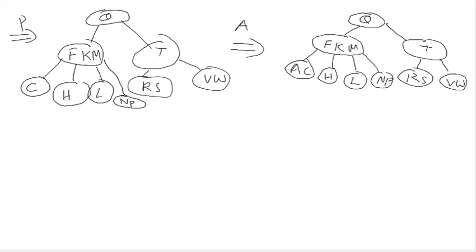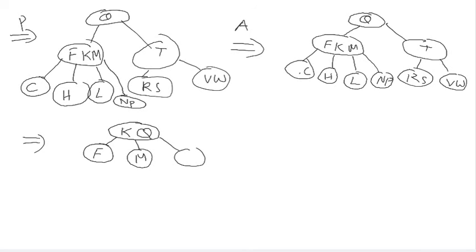So we have K, Q. To the left of K we have F, and to the right of K we have M, and to the right of Q we have T, and here we have C, and we have H. To the left of M we have L, and to the right of M we have N, P, and here we have R, S, and here we have V, W. Now we can insert A.